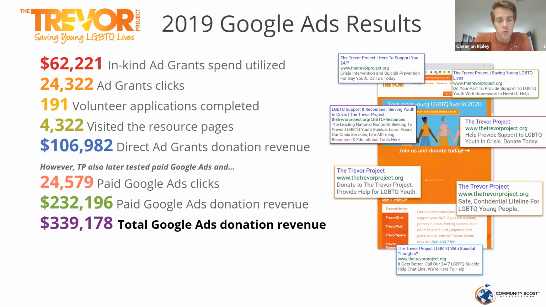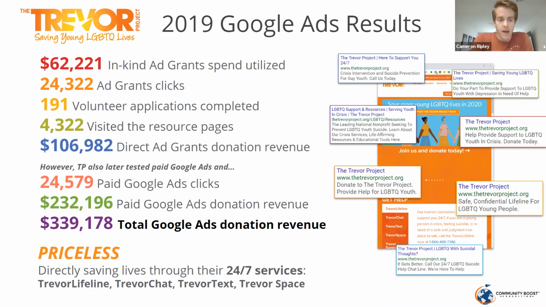So bringing total donation revenue from Google ads to $339,000 for 2019, which is tremendous. But I have to just reiterate what I personally love about this case study too: when you see some of the search terms, when somebody searches "LGBT suicide helpline" and they need help, that's priceless in my opinion.